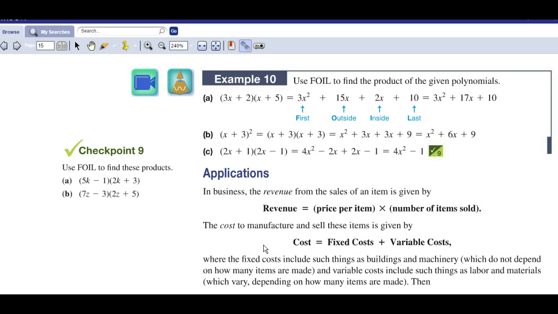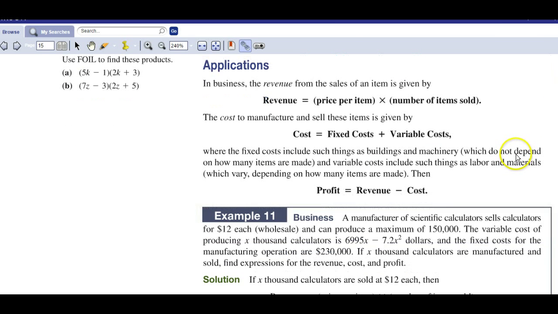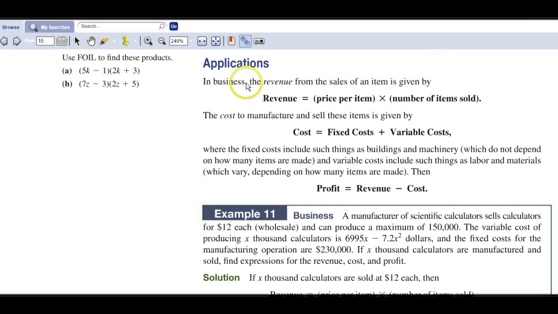Okay, now they're giving us a little application here. And let's look this over. So here they're giving us this application. In business, the revenue from sales of an item is given by the formula revenue is equal to the price per item times the number of items sold.